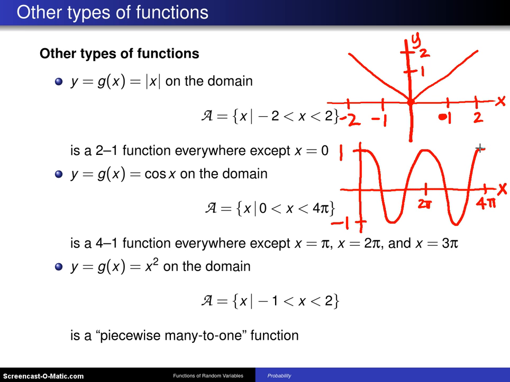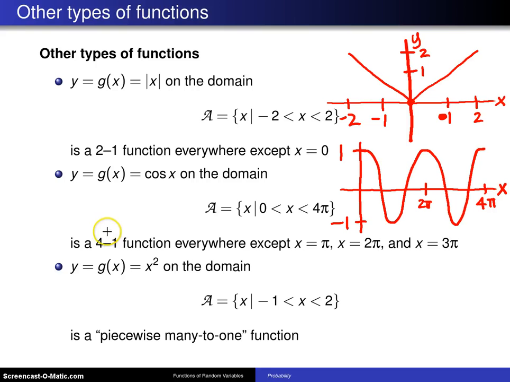Now, again, you can look at this particular graph and say, by the vertical line test, this is a function, y equals cosine of x. And furthermore, from the horizontal line test, you can conclude that this is not a one-to-one function.